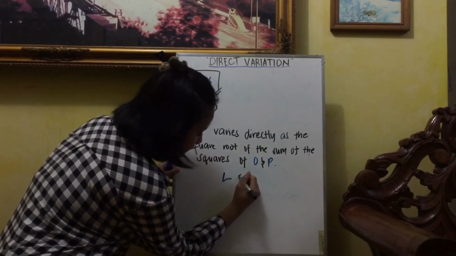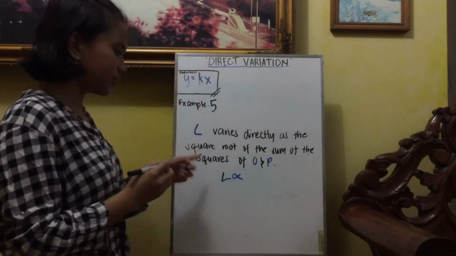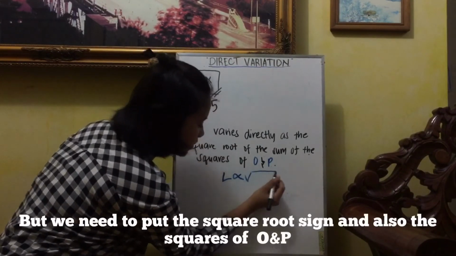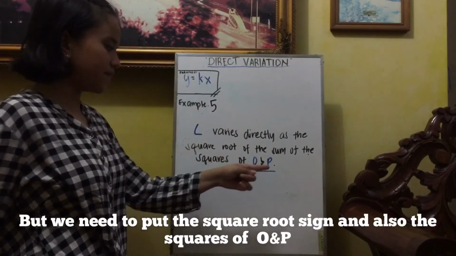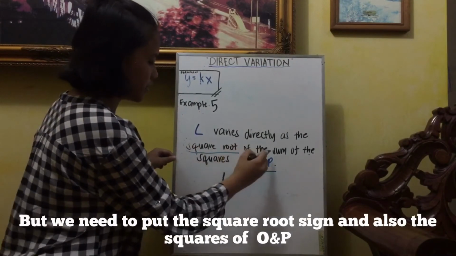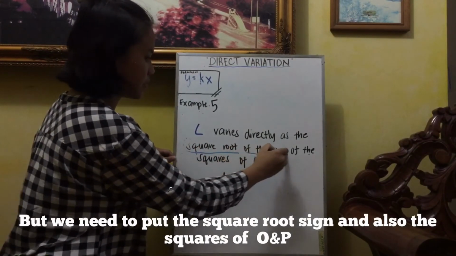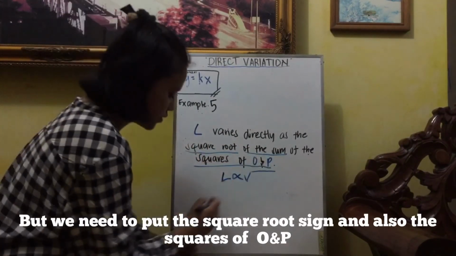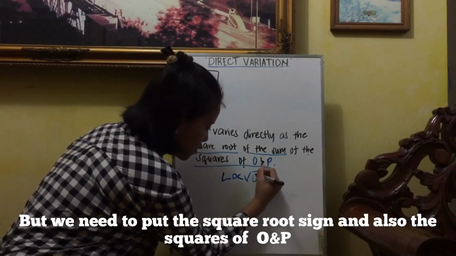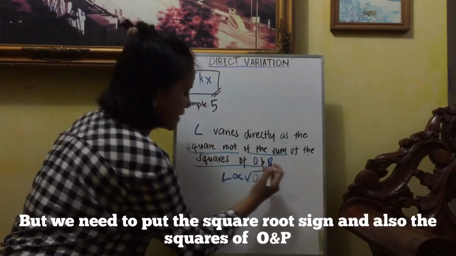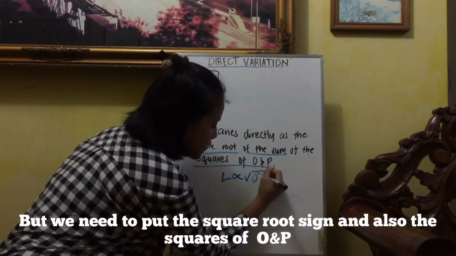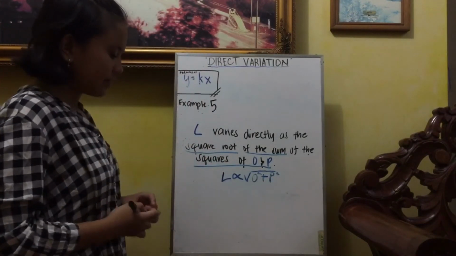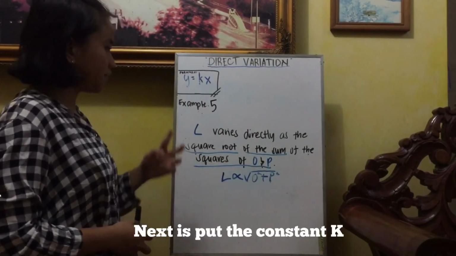L varies directly, so the square root of the sum of the squares of O and P. So O squared plus P squared.